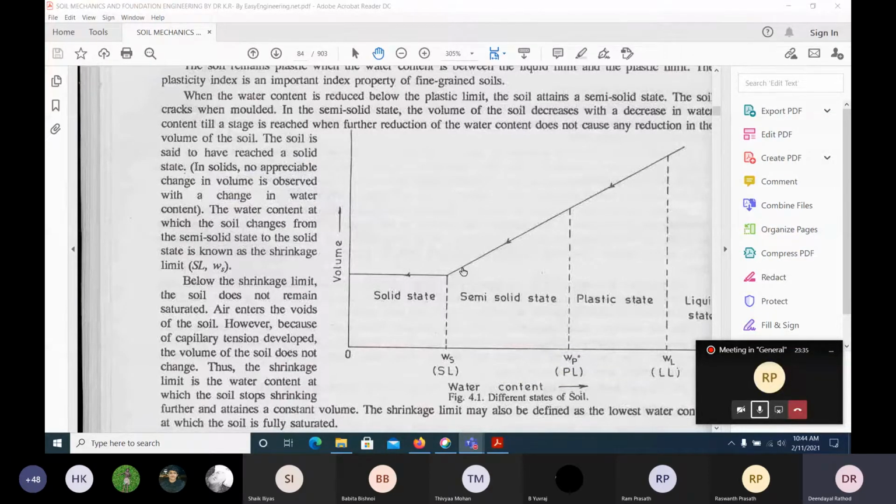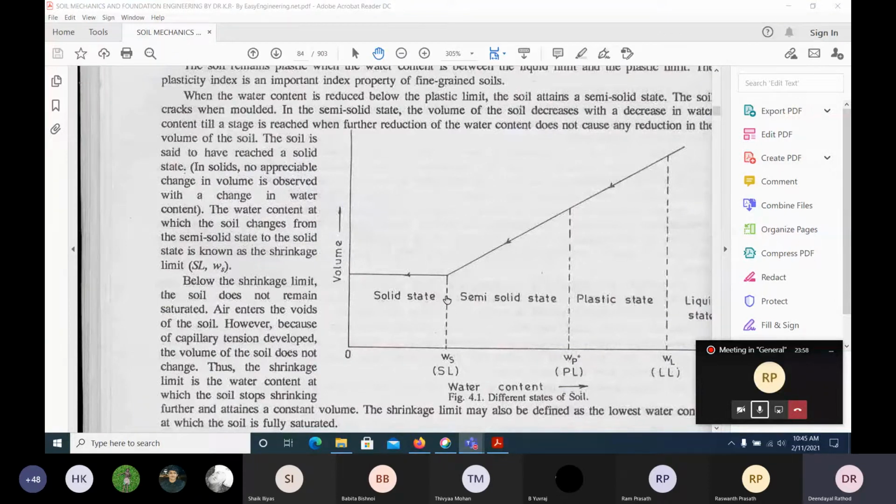Here what happens? Again, we try to reduce the water content, but the volume is not going to change here, because in the solid state all the voids would be filled with air. Here, the soil is full of water, in the fully saturated state.